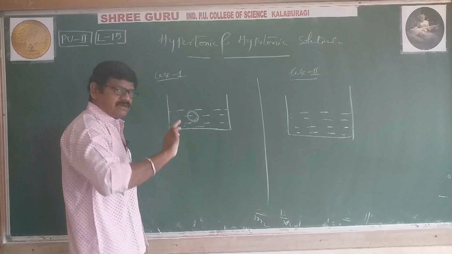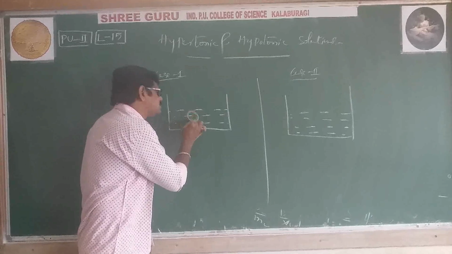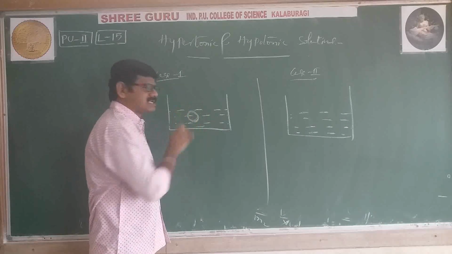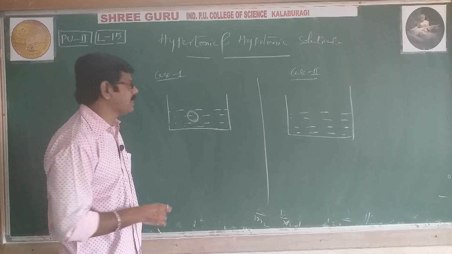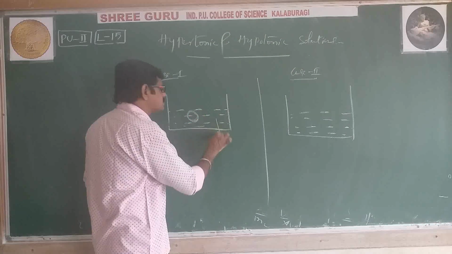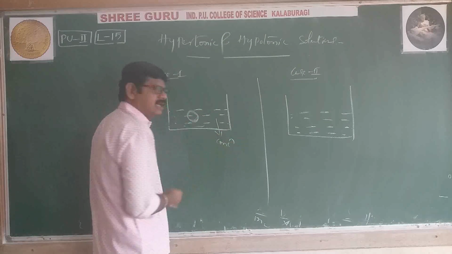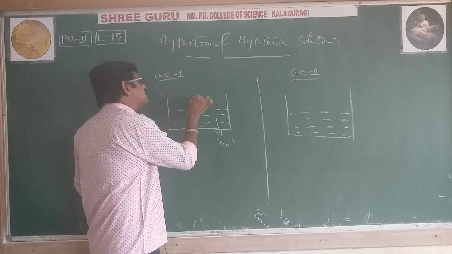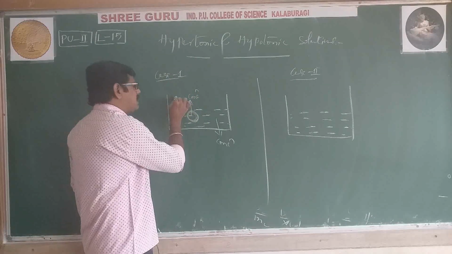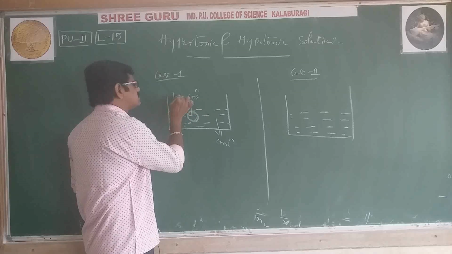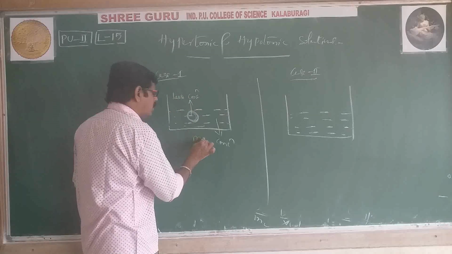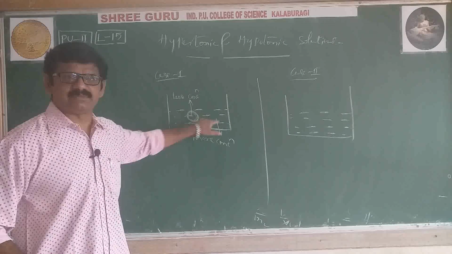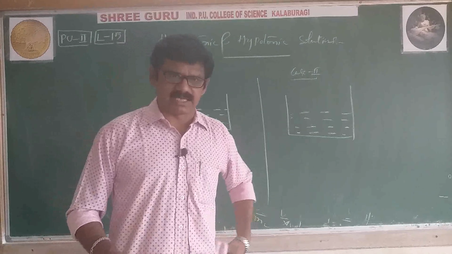When you compare the animal cell or plant cell concentration and the outer solution concentration, the outer solution concentration is more and the plant cell concentration is less. Concentration difference means their osmotic pressure is also different.